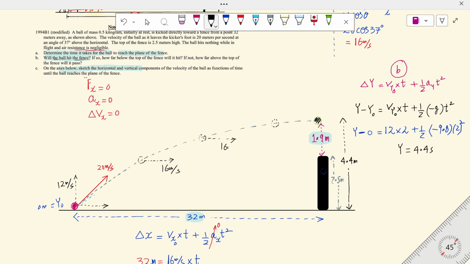But the point to be noted is that as it is moving up, it is slowing down. Remember that. Why? Because as it is moving up, its vertical component of velocity is decreasing. Initially it was 12, but now it will decrease. As it goes to its maximum height, it becomes smaller and smaller, right?